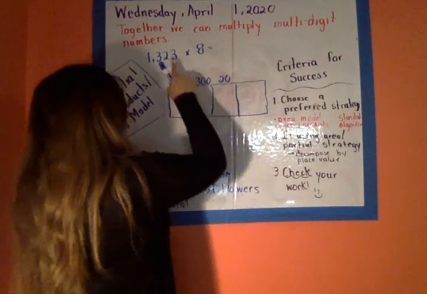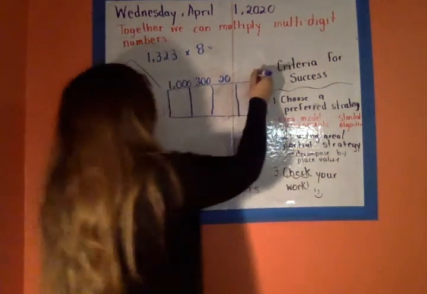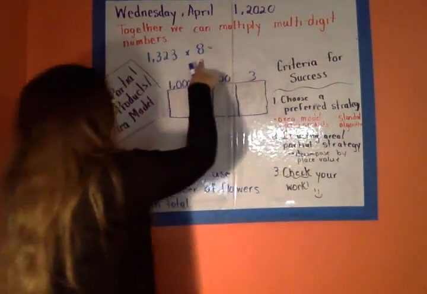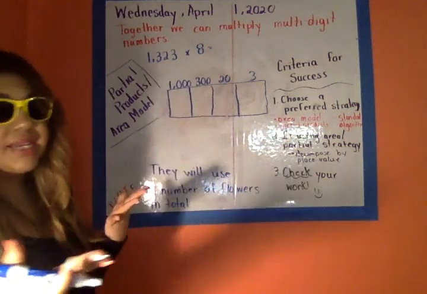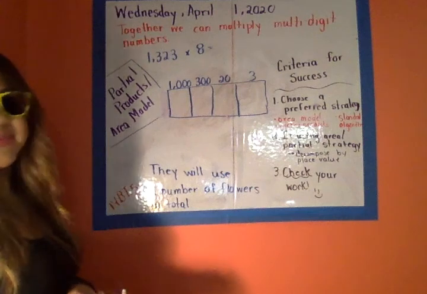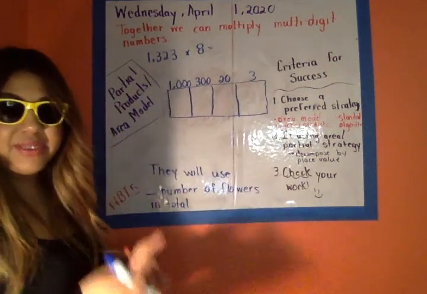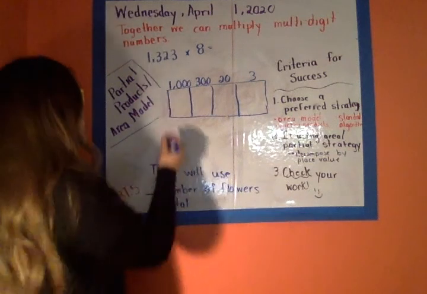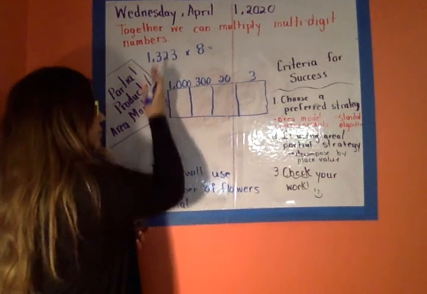And lastly, the value of 3 is 3 ones, so it's just 3. What is the value of 8? Is it 800? Is it 80? Is it 8,000? Yep, because it's a 1-digit number, the value is just simply 8. And so we are going to write 8 along the vertical side.